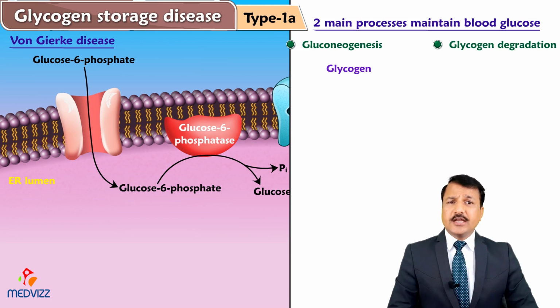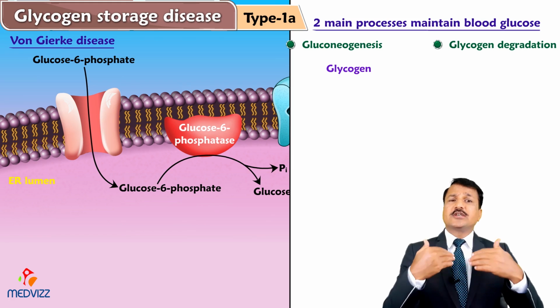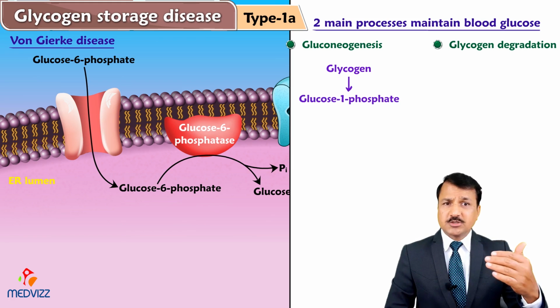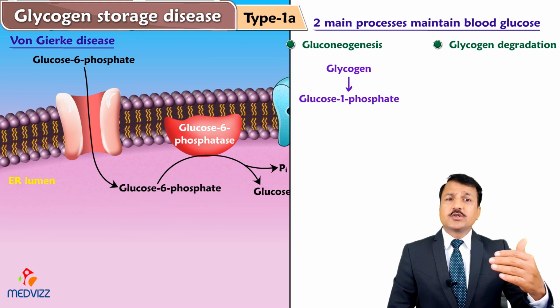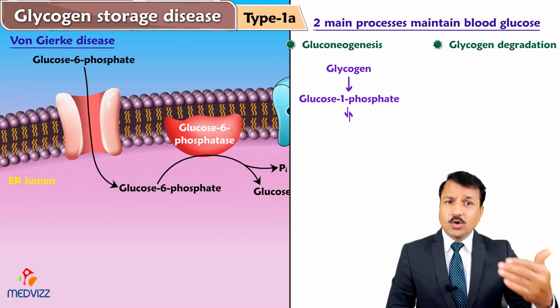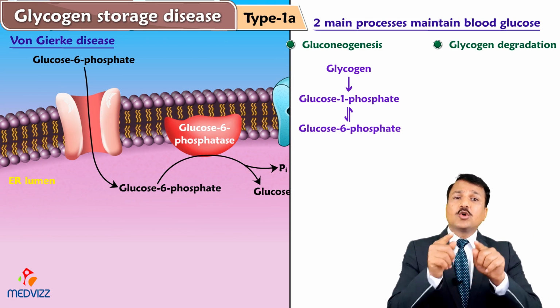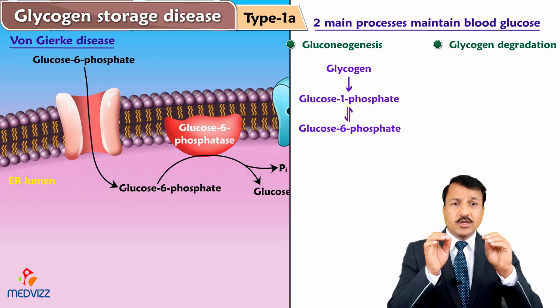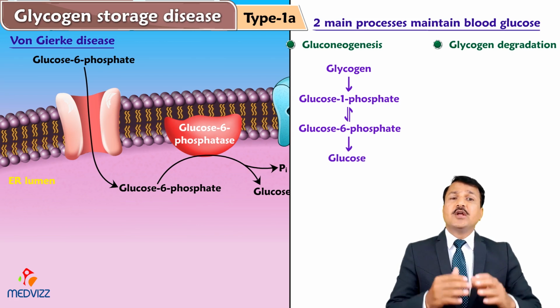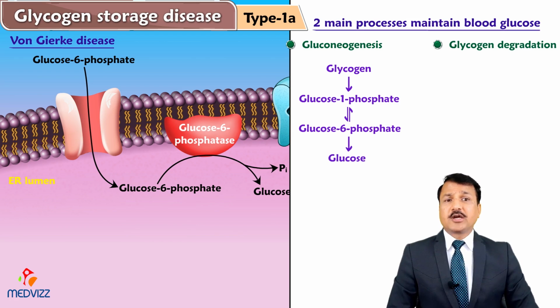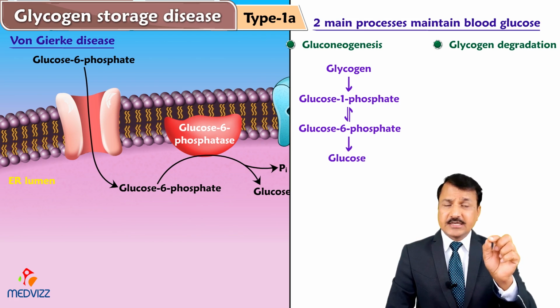When glycogen degradation is going on, glycogen is broken down into glucose 1-phosphate in the cytoplasm. This glucose 1-phosphate is further converted into glucose 6-phosphate, and that glucose 6-phosphate has to go into the lumen of the endoplasmic reticulum to be converted into glucose, because the glucose 6-phosphatase enzyme is there.